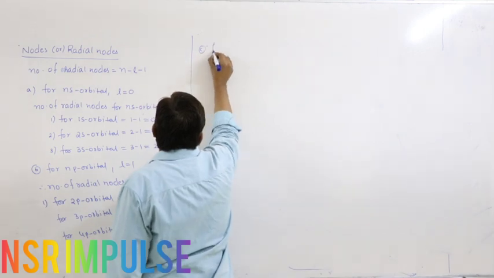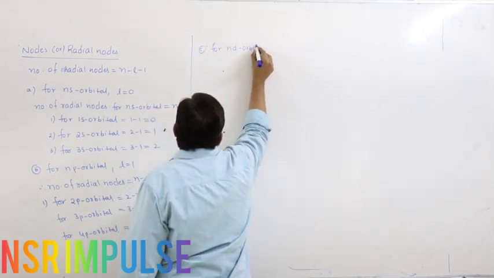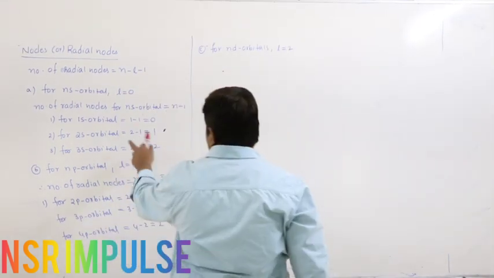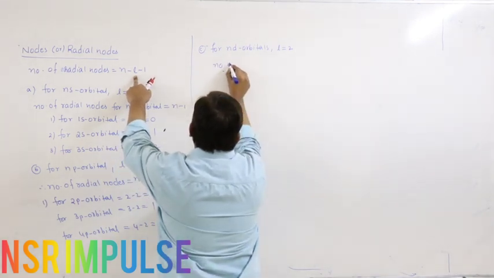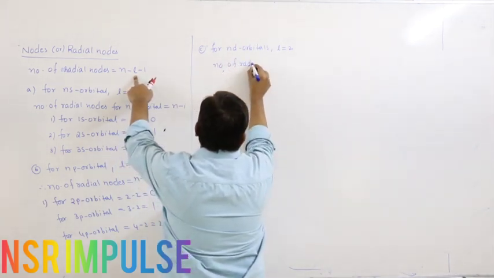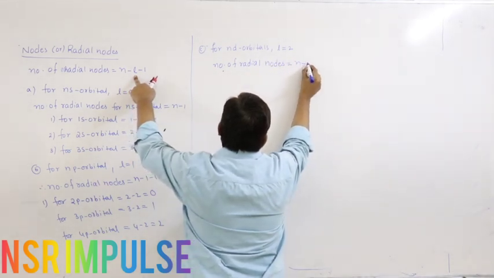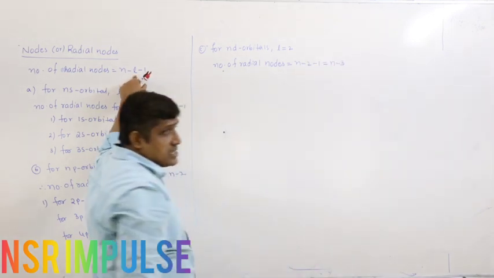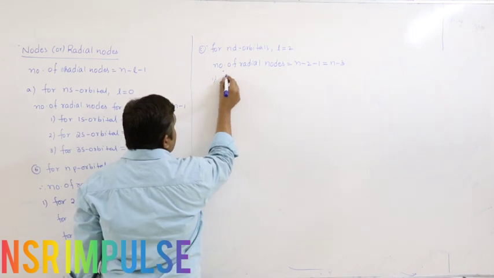Similarly for the d orbital, let us find. For nd orbitals, l equal to 2, substituting here, the number of radial nodes equal to n minus 2 minus 1, that is nothing but n minus 3 radial nodes. So let us substitute in some examples.